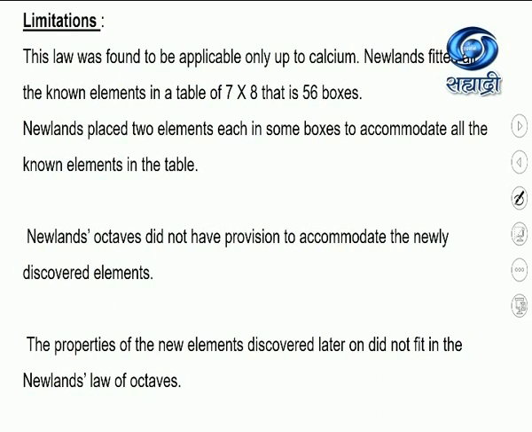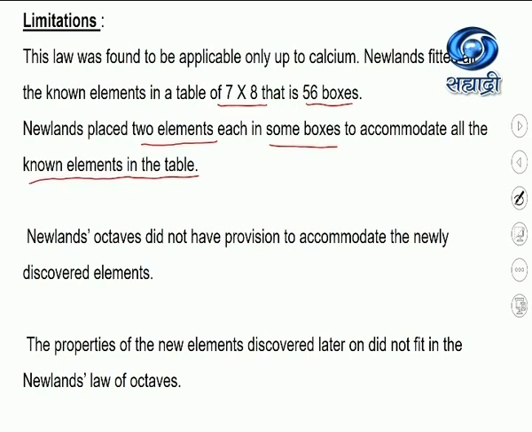Newlands fitted all the elements known in the table, that is 7 into 8, that is 56 boxes. Now sometimes Newlands placed 2 elements each in some boxes to accommodate all the known elements in the table.